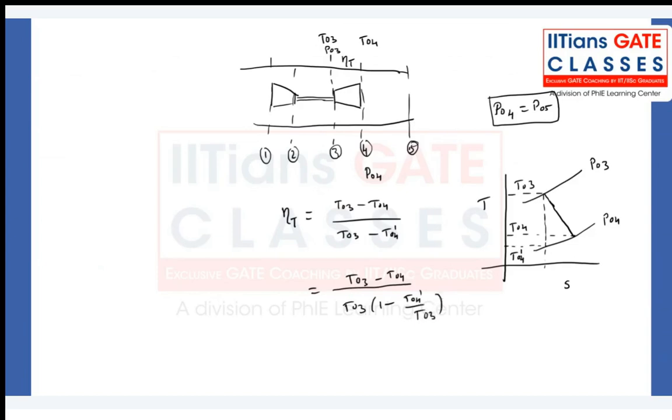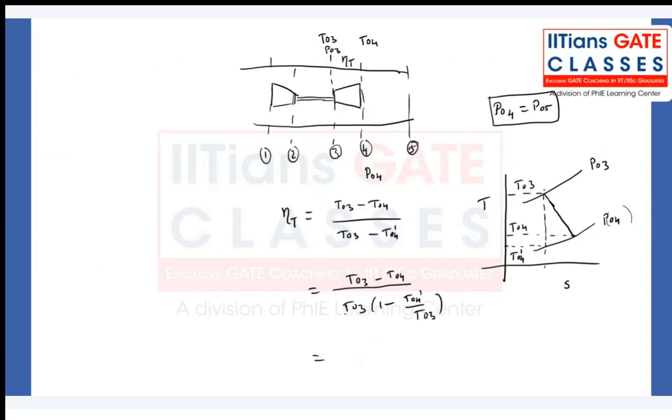Now you see T04 dash and T03 both lie on the constant entropy line, so S2 minus S1 is 0 for this case. So I can use the isentropic relation between these two states, which relates to the actual pressure.